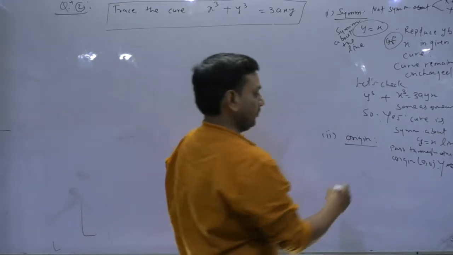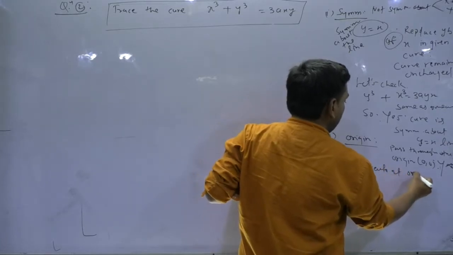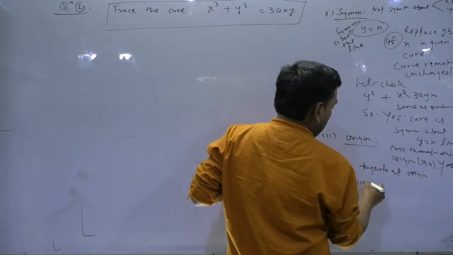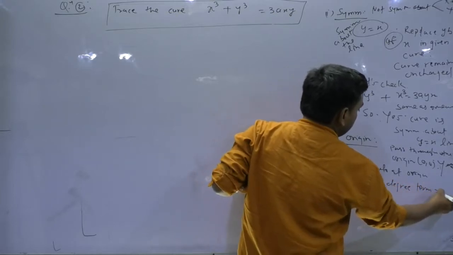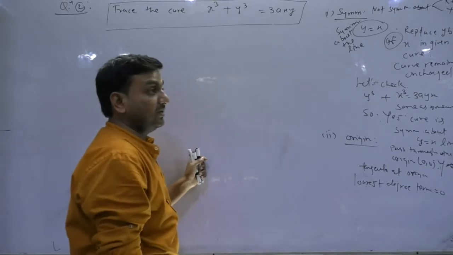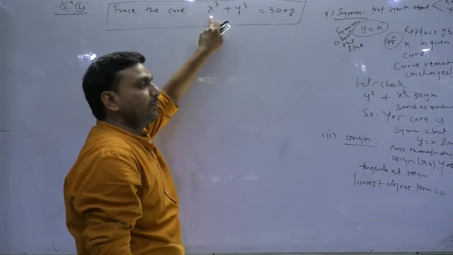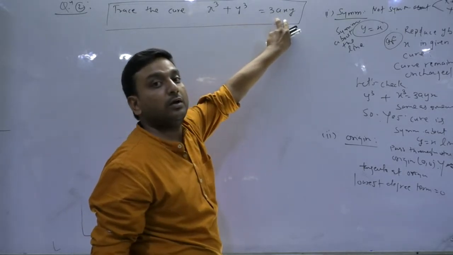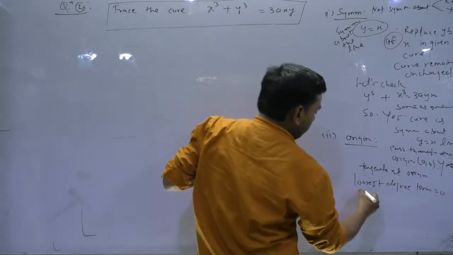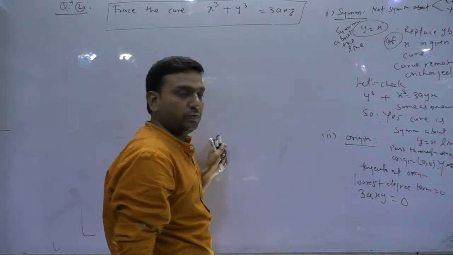Tangent at origin. So what will we do? We put the lowest degree term equal to 0. The degree of this term is 3, of this term is 3, and of this term is 2. So we put 3axy equals 0.